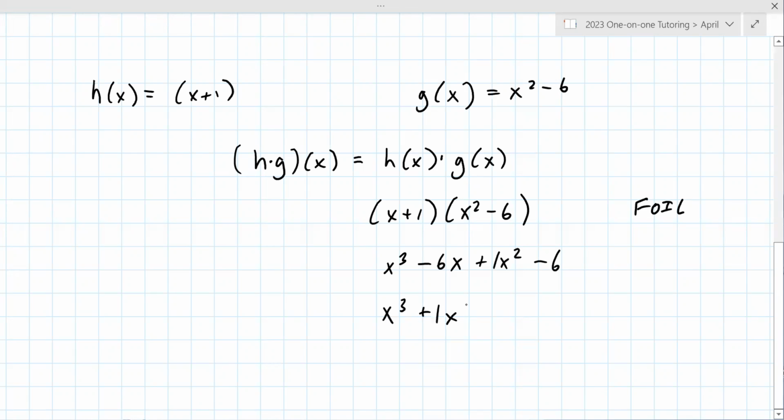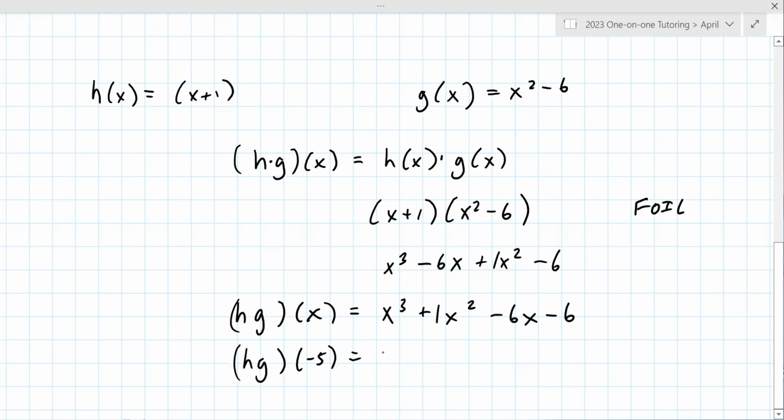It's usually good to put it in descending order. So this is your new function, and you can call it hg of x if you want. Now we can evaluate it at -5: -5 cubed plus -5 squared minus 6 times -5 minus 6.